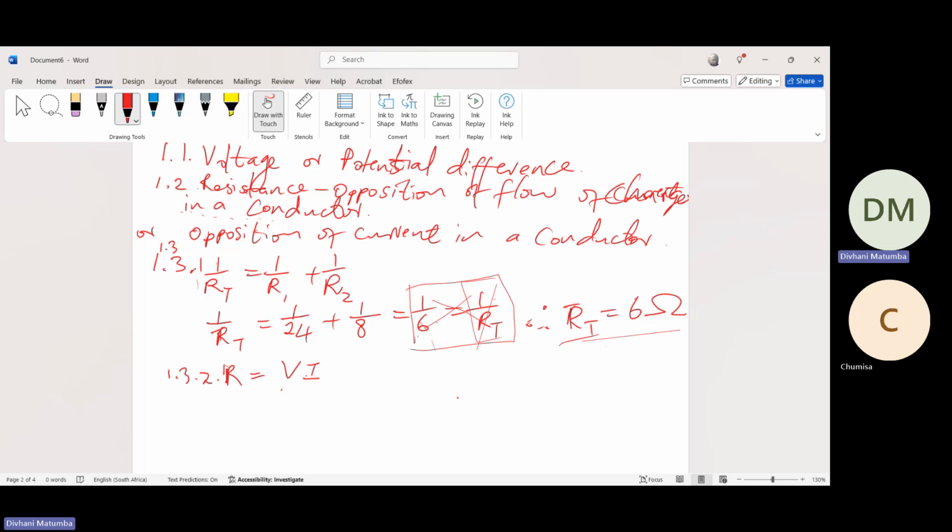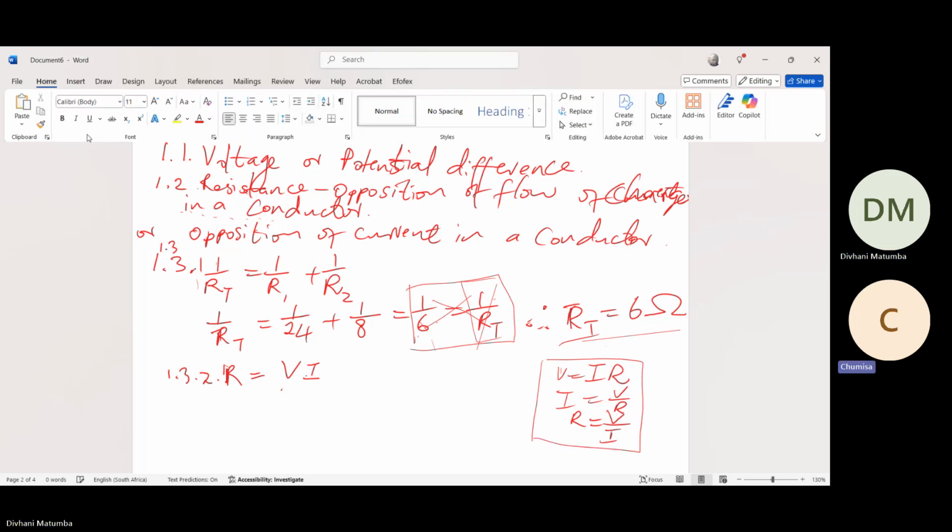Ohm's law says V equals I times R, and I equals V over R, and R equals V over I. Remember that. Yes, sir.